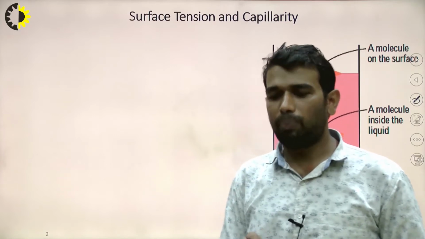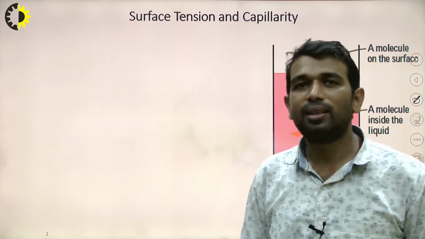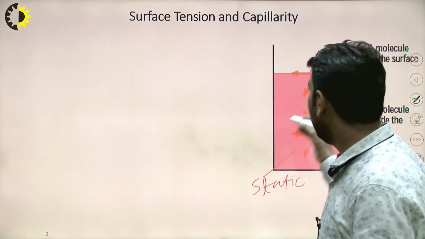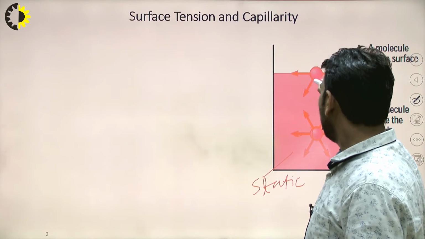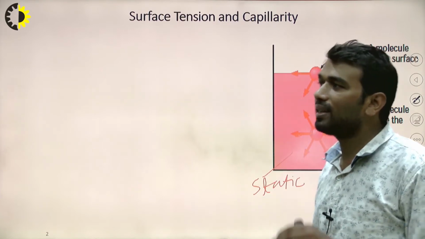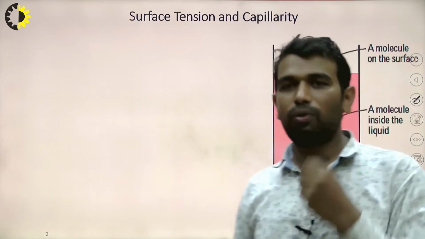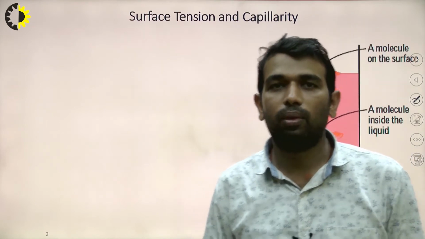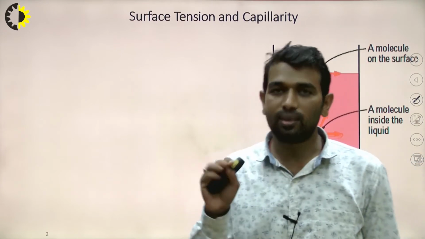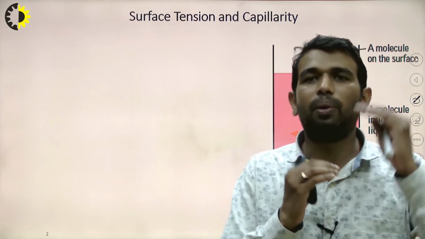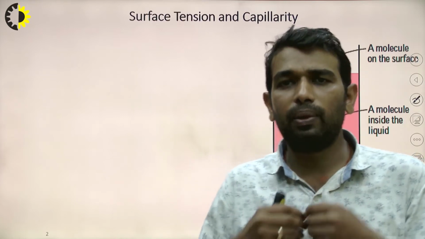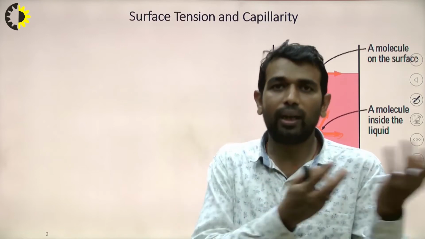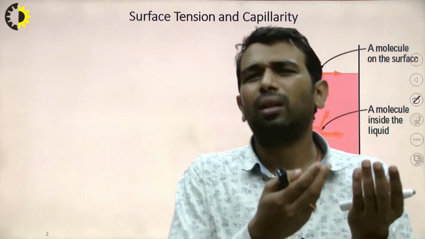Let's choose another place, the surface of the fluid in this container. I choose a molecule here. This molecule is surrounded by a different type of fluid. A surface is a partition between two different immiscible liquids, or a liquid and a gas, or something else.